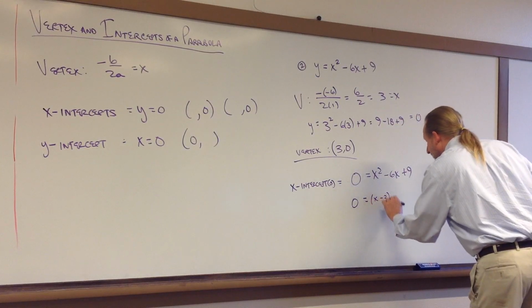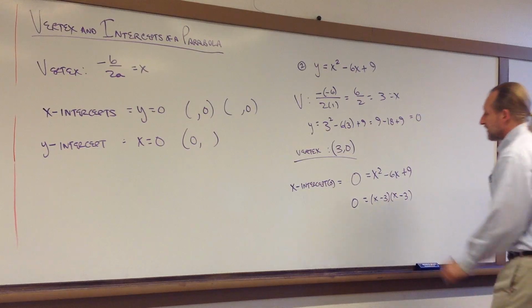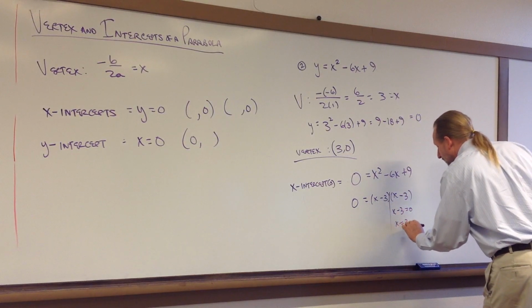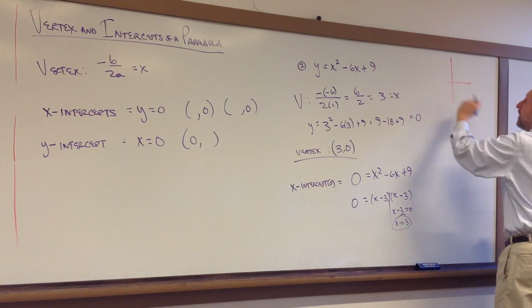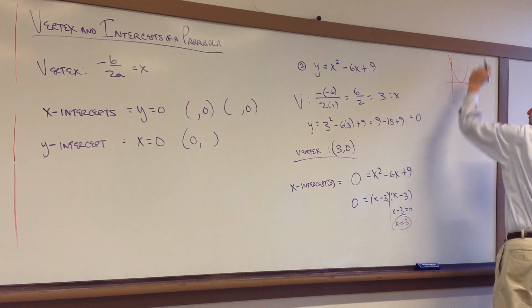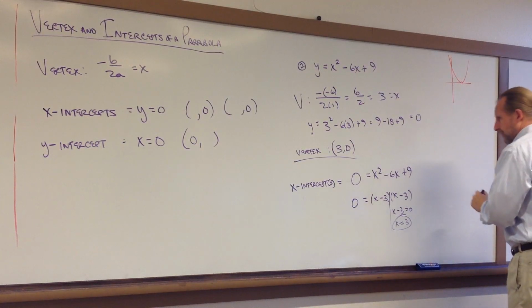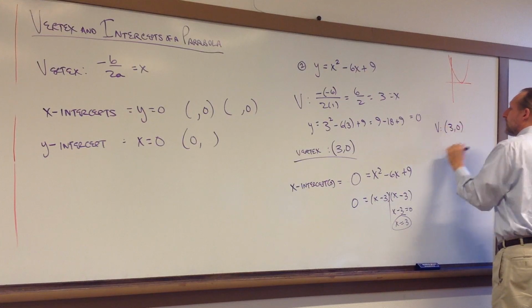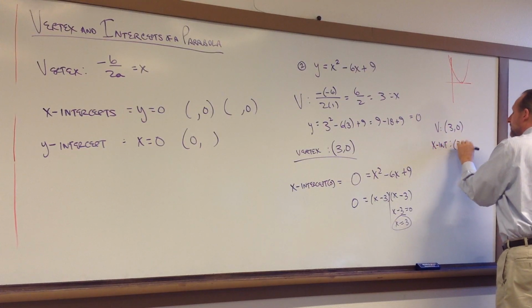It's pretty easy to factor. As a result, this is one of those parabolas that just comes down and touches and then goes back up where x is equal to 3. So it's both the vertex and the x-intercept, and there's only one x-intercept there. We've got a vertex at (3, 0) and an x-intercept at (3, 0).